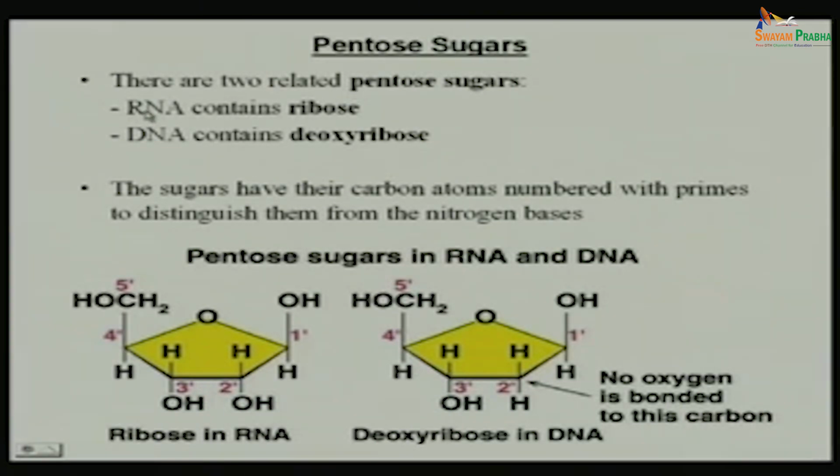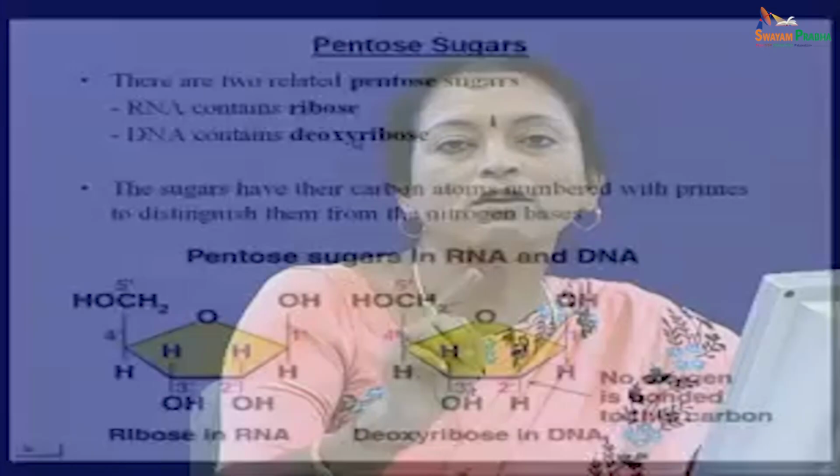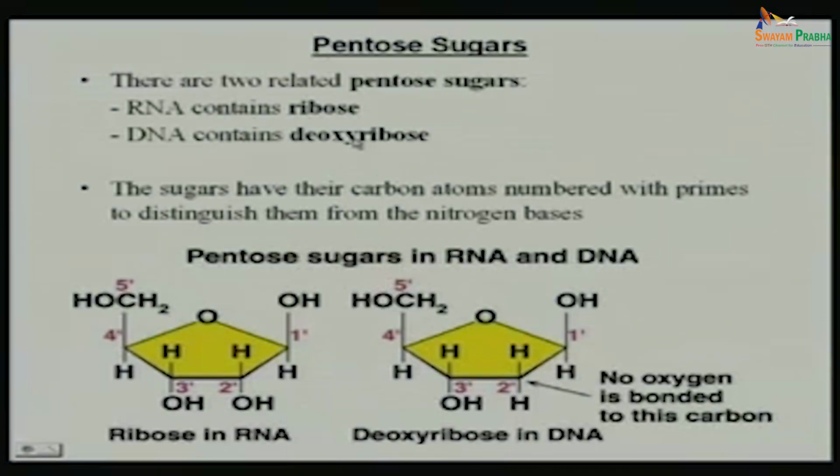In RNA, this is the simple ribose sugar. See, this is the 1, 2, 3, 4 and 5 carbon sugar, the ribose sugar in the RNA molecule. But in DNA, it is called deoxyribose. That means one oxygen is missing in the 5-carbon sugar moiety.